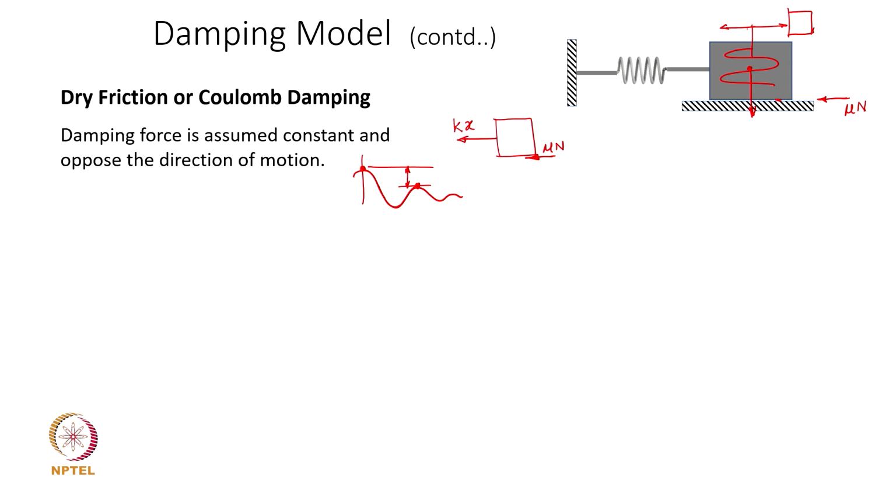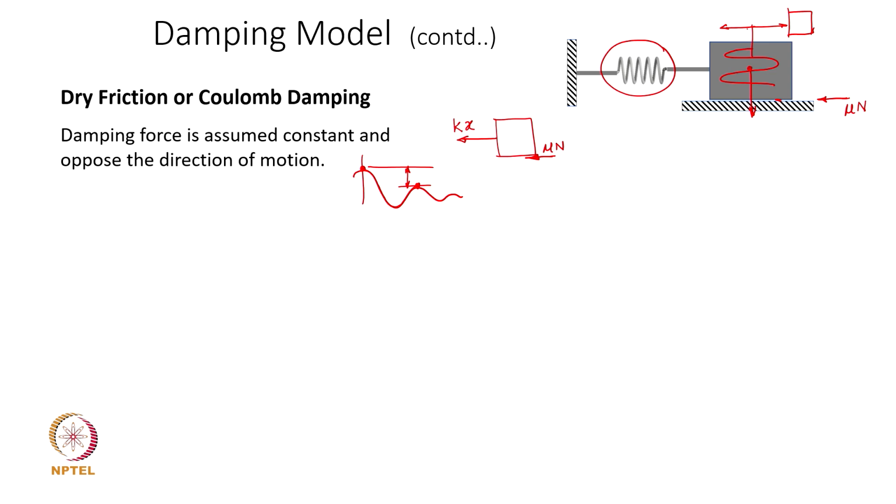The dissipating mechanism can be viscous friction damping if there is a fluid separating the oscillating body and the stationary surface, or it could be even in the springs, even in the coil spring, the intermolecular friction creates heat, because if you keep on stretching and compressing the spring, heat is going to get generated because of the internal structural damping.